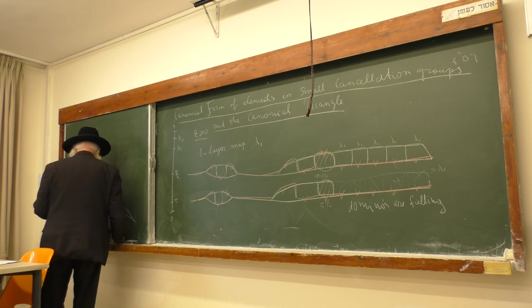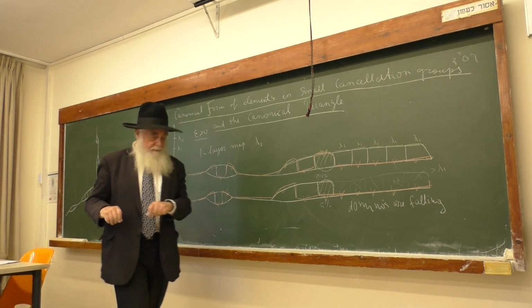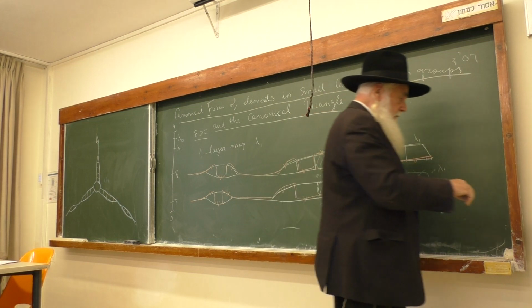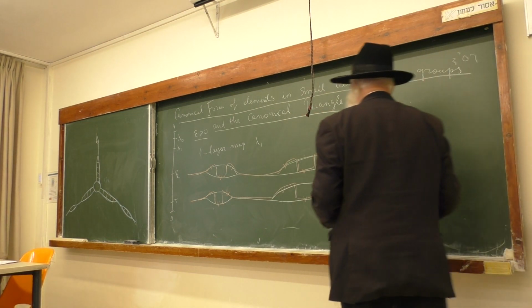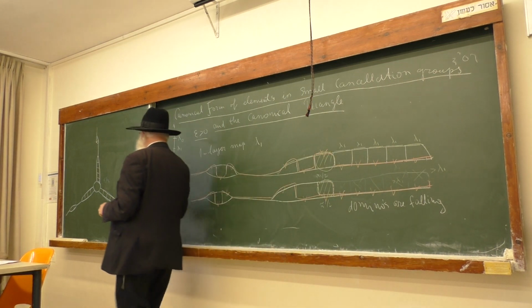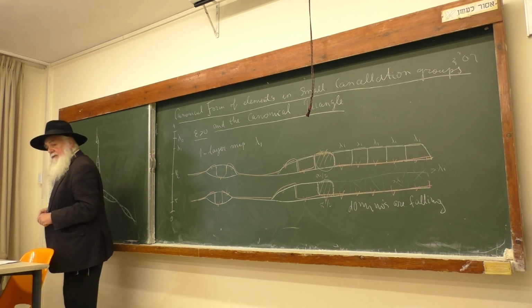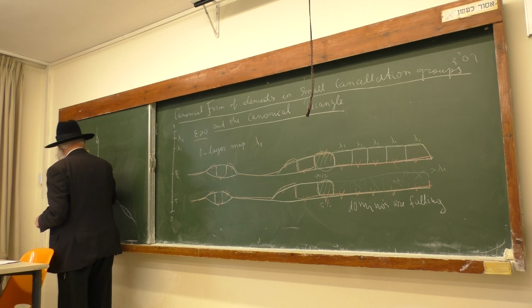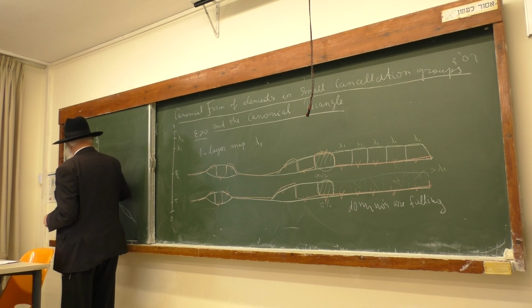On the other hand, it may be that if we take this one, it will be bigger than lambda 1. So we cannot include this part. This will be shorter, so it will be included.